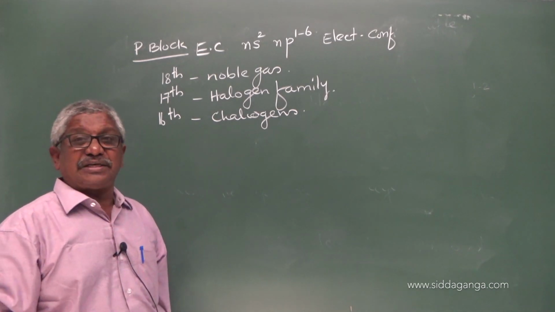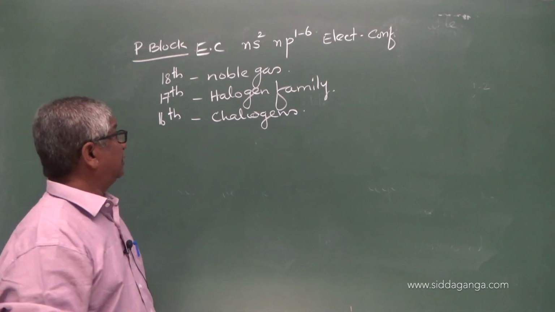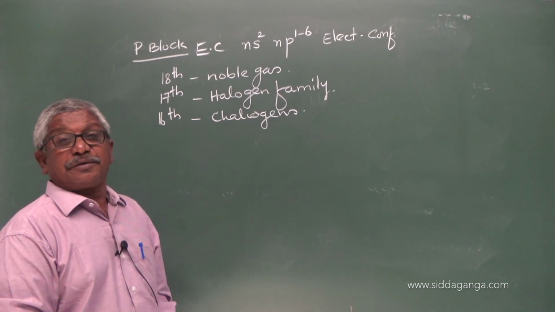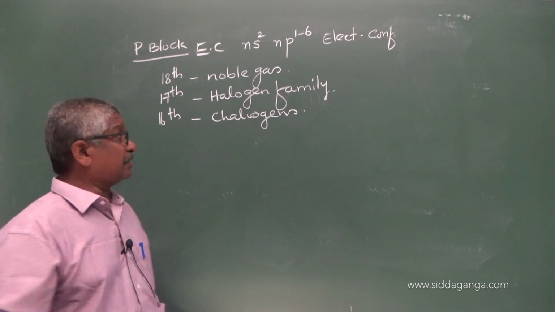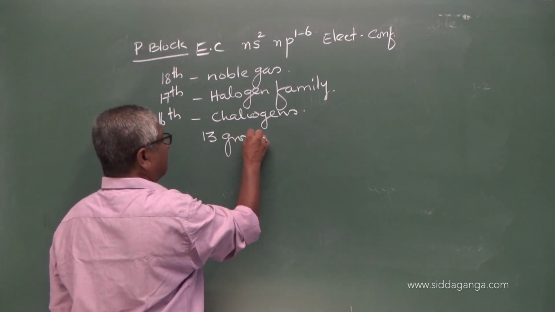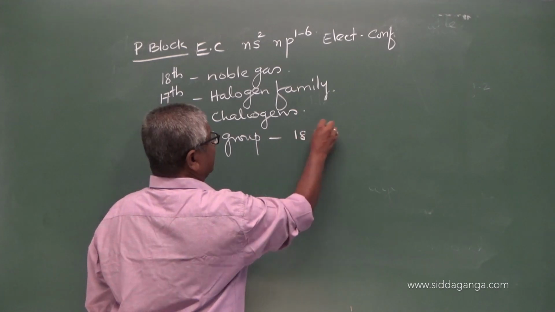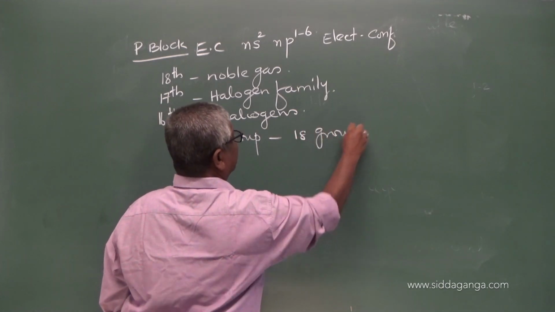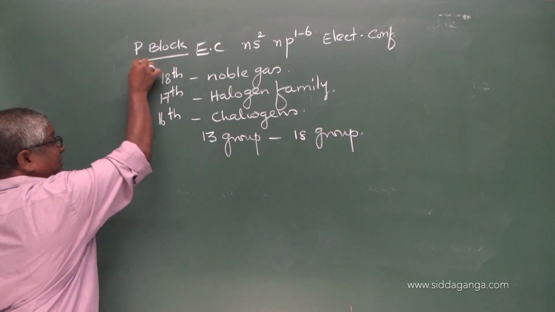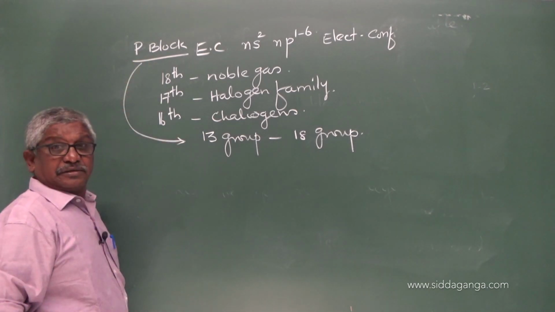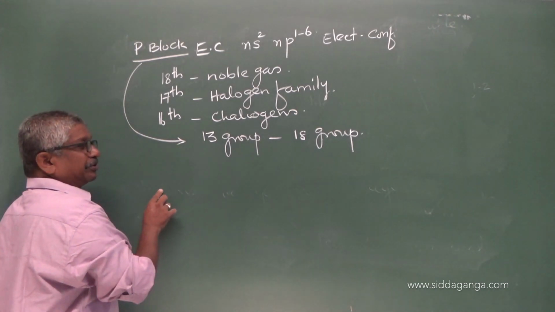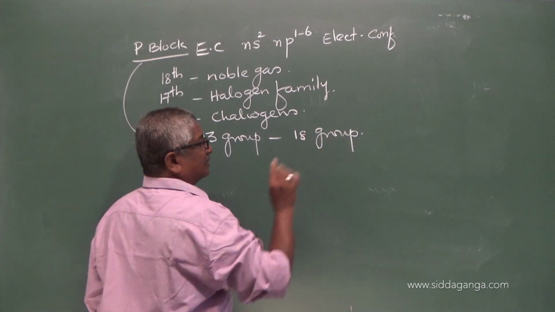That's why it is called chalcogens. So based on the electronic configuration, the 13th group to the 18th group are called P block elements.